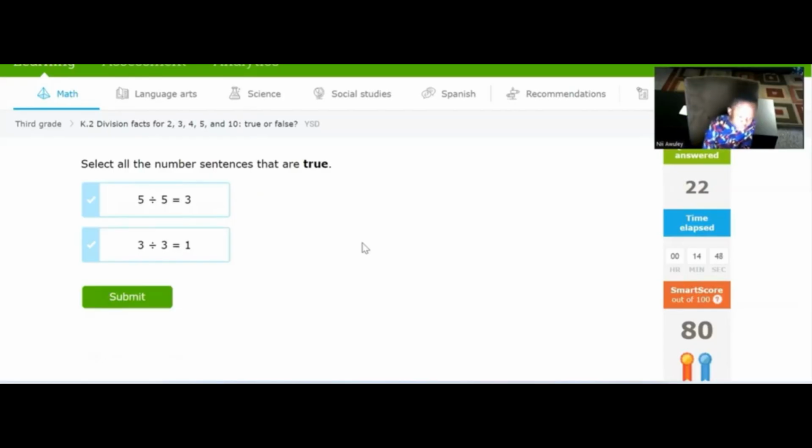Select all the number sentences that are true. 55 divided by 5 is 3.